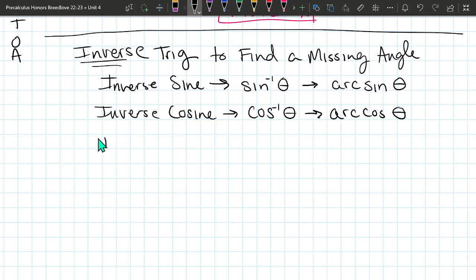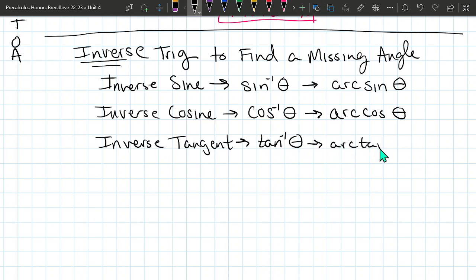And then, of course, there's inverse tangent, which is tan inverse theta or arctan of theta. So they mean the same thing: inverse sine, arc sine, inverse cosine, arc cosine, and arctan.